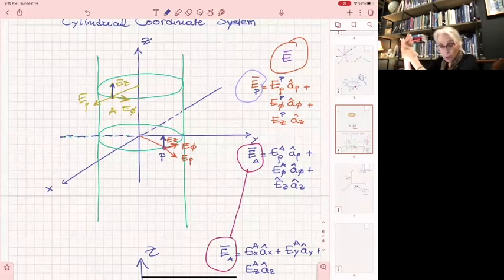Do not try to sum up individual components in the cylindrical because only the Z direction is the same. Rho and phi directions depend on the position of your point. And in the spherical system, even more: all three directions depend on the position of your point.